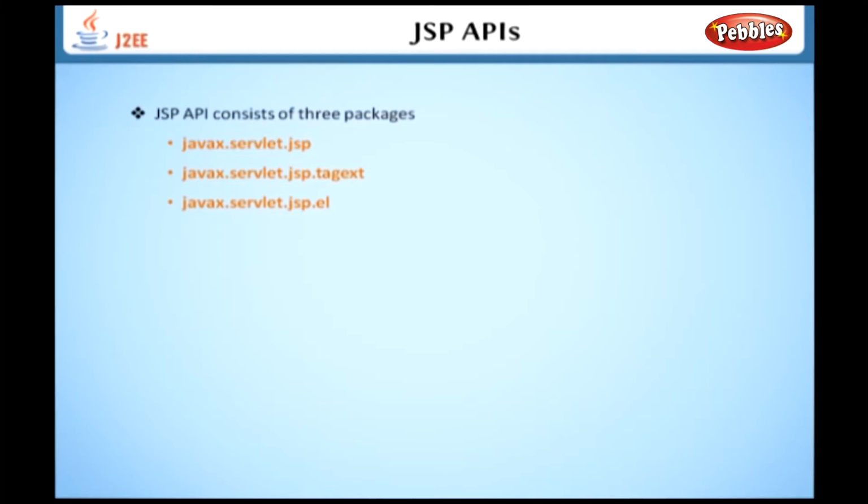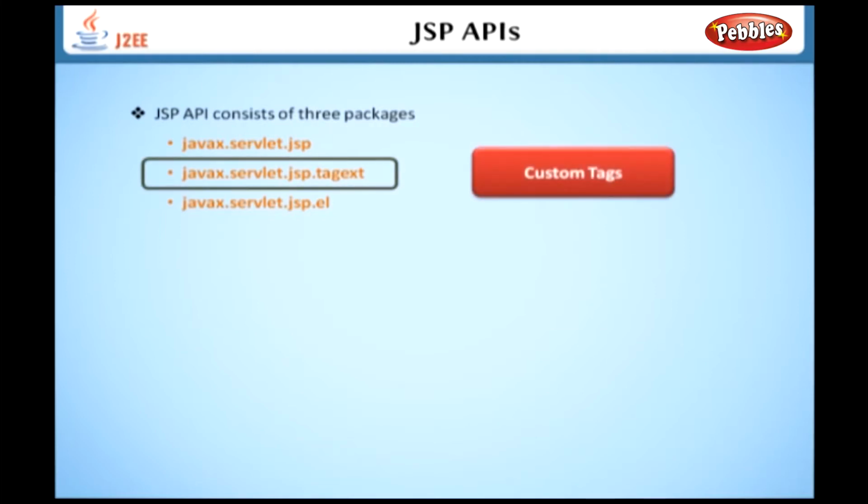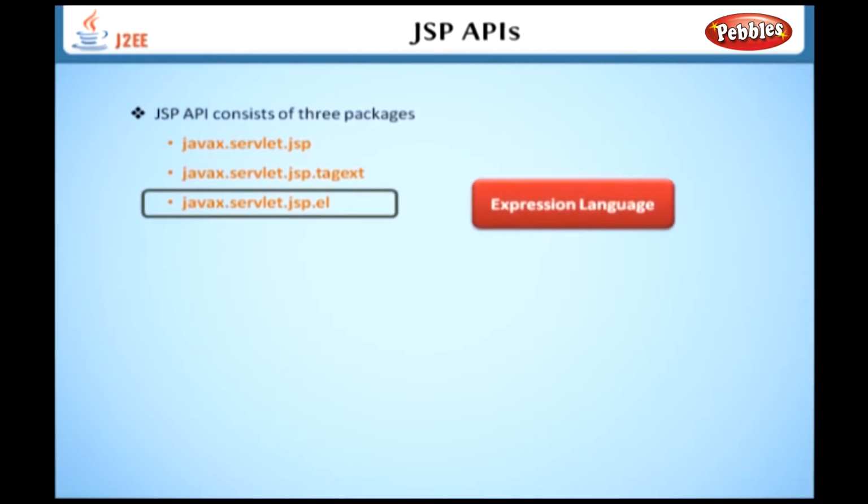Here we will discuss the basic interfaces and classes which are present in the first package. The second package is related to custom tags, and the third package is related to the expression language. We will discuss these packages later.